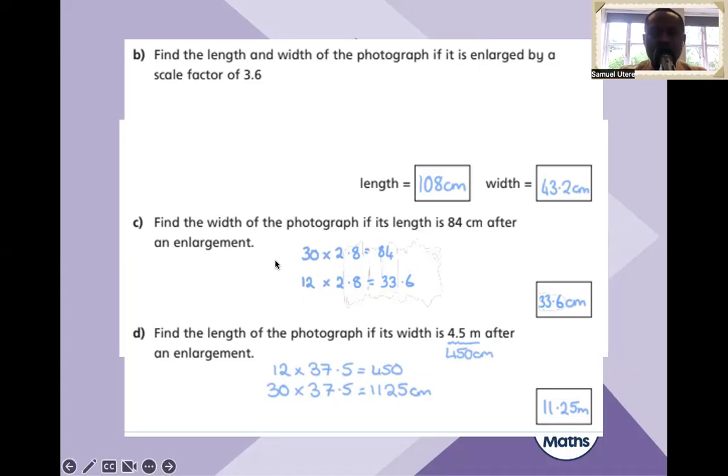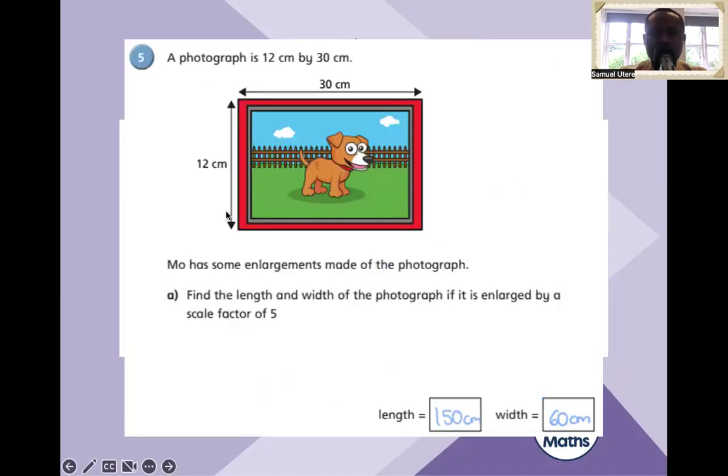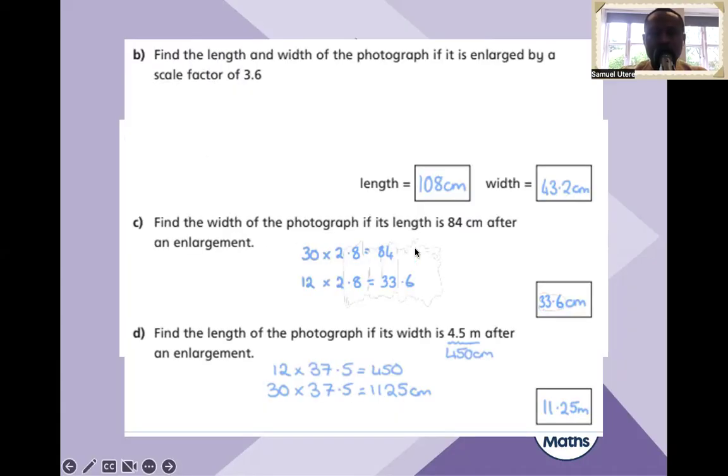It is that number that we can use to find the width by multiplying 12, which is the width of the photograph that has not been enlarged, to get the width of the enlarged photograph. And it's the same process we would use to get the answer to question D.